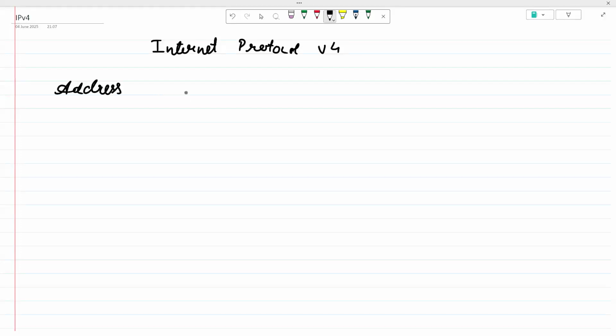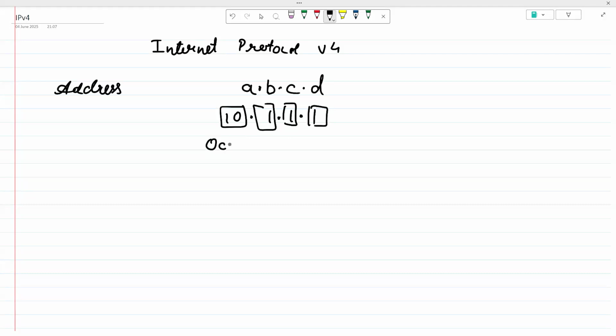It looks like an address written in the format A.B.C.D, something like 10.1.1.1. Now these dots that you see separate different numbers, and the numbers between the dots are called an octet.